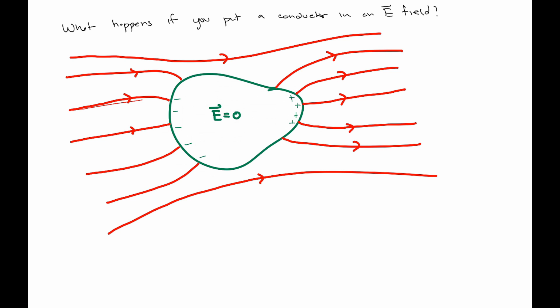The take-home message here is that the charges inside the conductor redistribute to cancel the electric field inside the conductor.